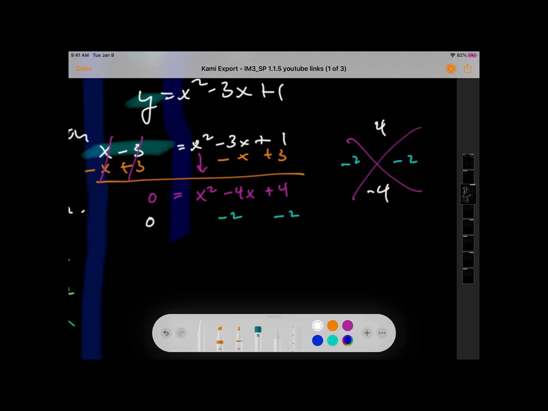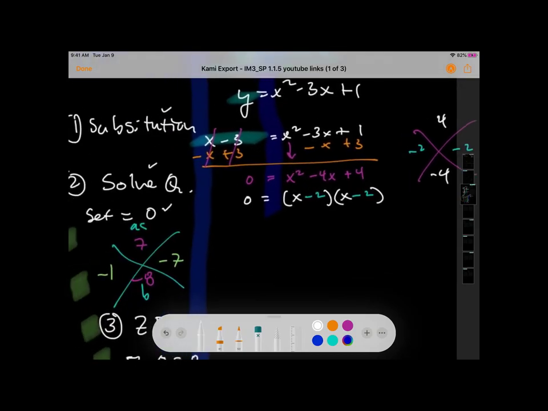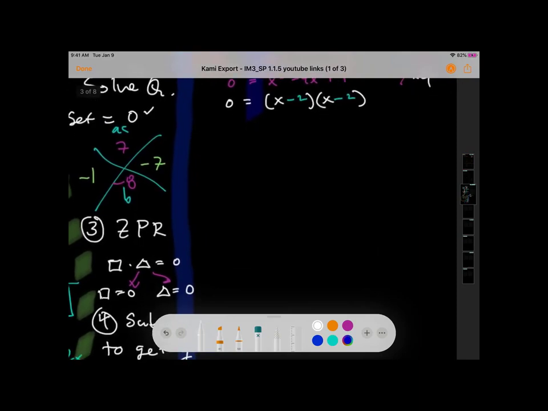All right, so that gives us 0 equals x minus 2 and x minus 2. Okay? Then our next step is use something called the ZPR, which just basically says square times the triangle on the left side equals 0, which implies that one of those has to be 0. So I'm going to set both of these here equal to 0.